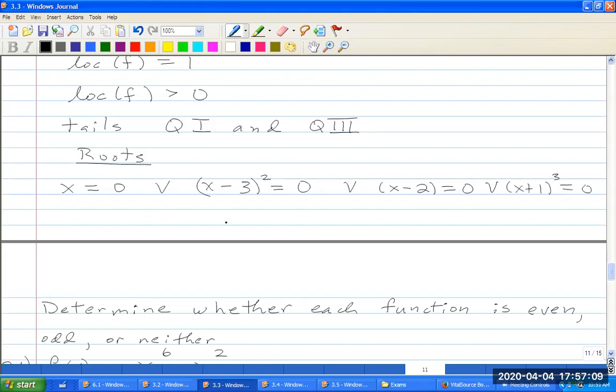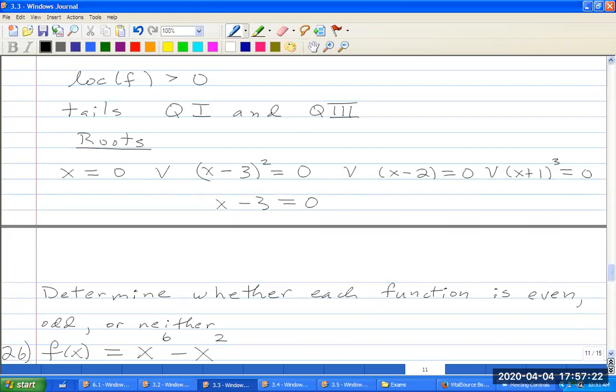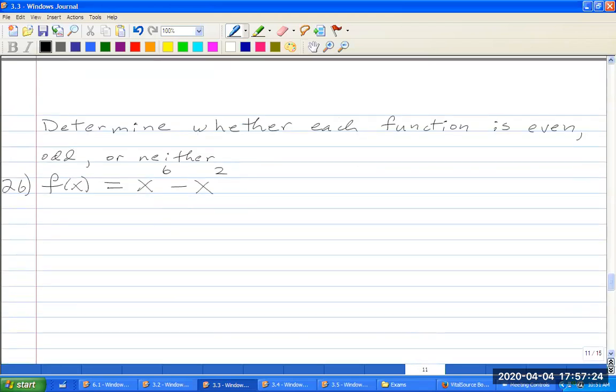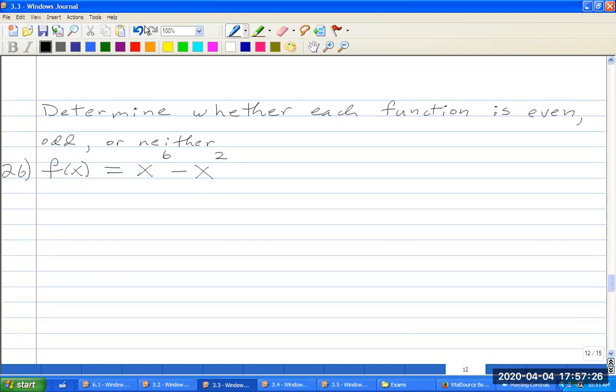I can take the square root, so x minus 3 is 0. And this, of course, is by the zero factor property. The fact that this is an integral domain, integers over polynomials having integer coefficients, will be an integral domain.